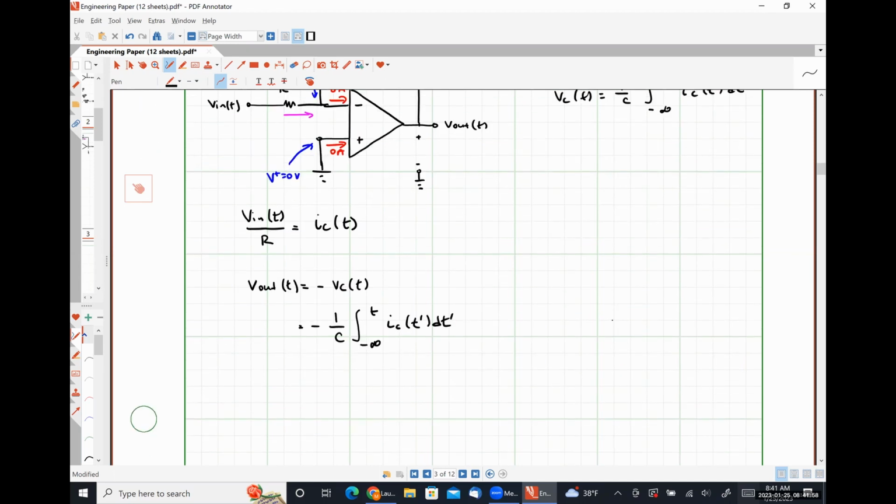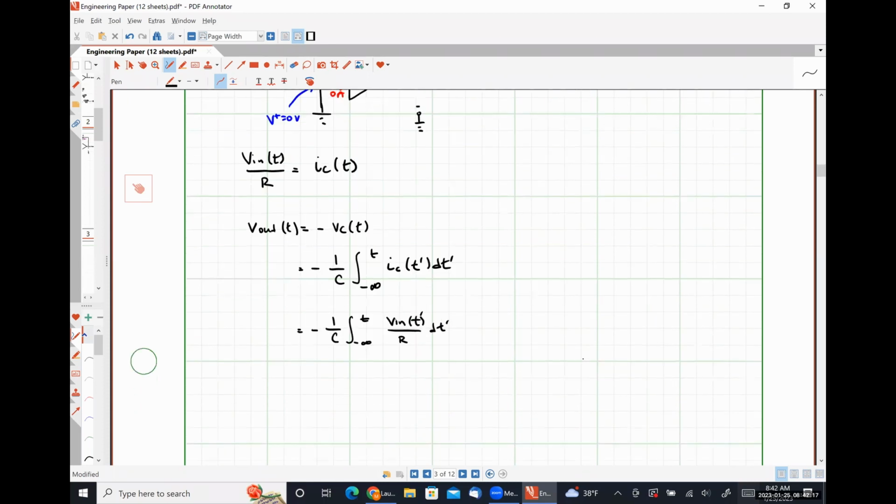Since I of c is in turn related to our input voltage, this is going to look like negative 1 over c times the integral from negative infinity to t of Vn of t prime over R. And finally, since the resistor value is a constant, we have this relationship.